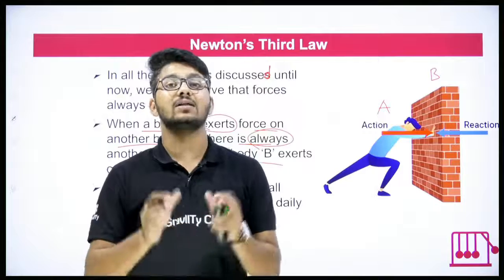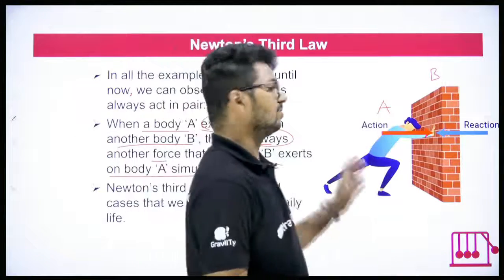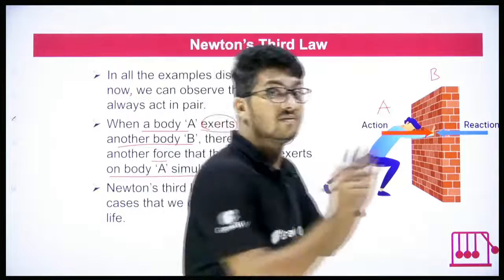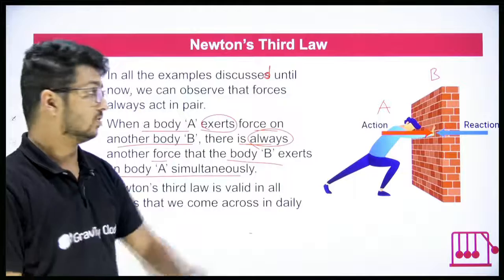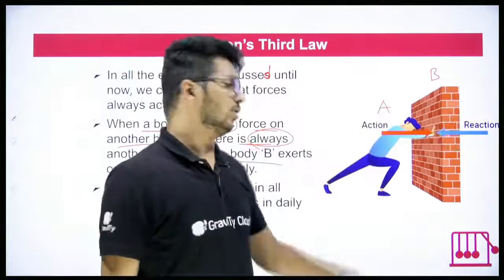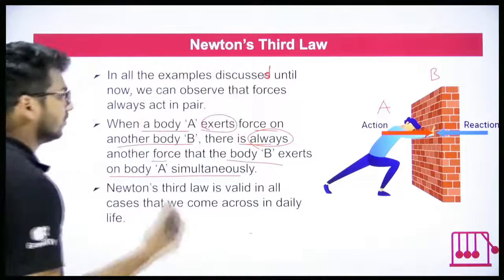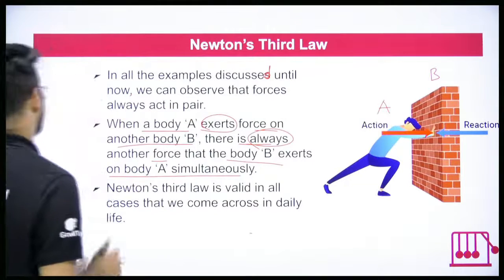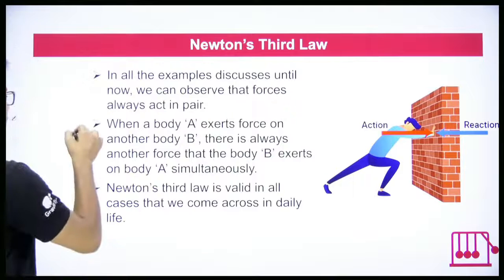Simultaneously will mean at the same time, no delay. So if this person is pushing the wall, the wall will also be pushing him back. So you can see two forces, and those two forces are called action and reaction. We'll go into that part. But there are two forces in opposite directions, always. Right? It's a very important point.